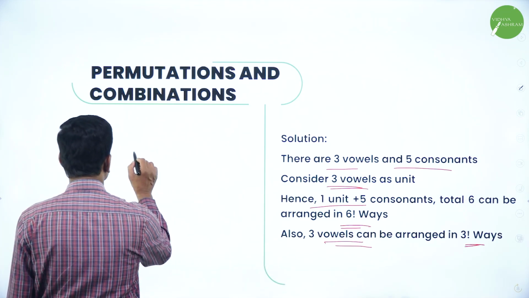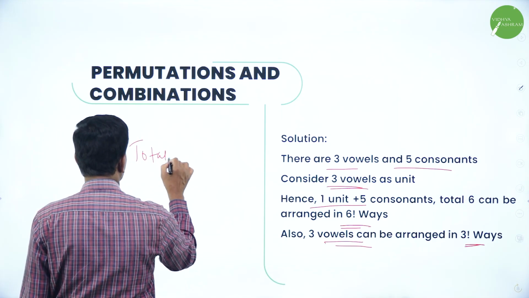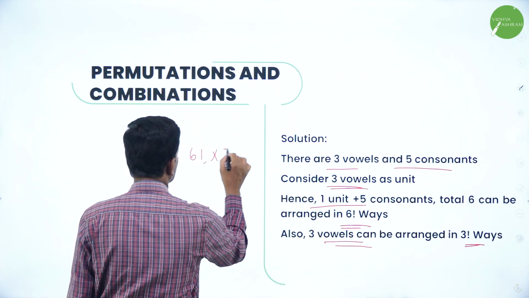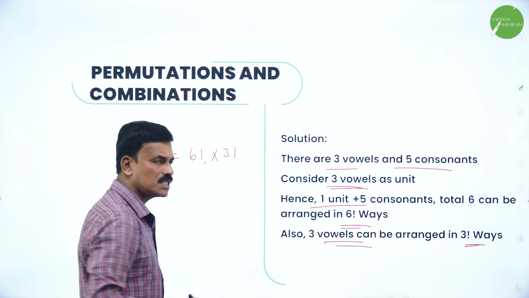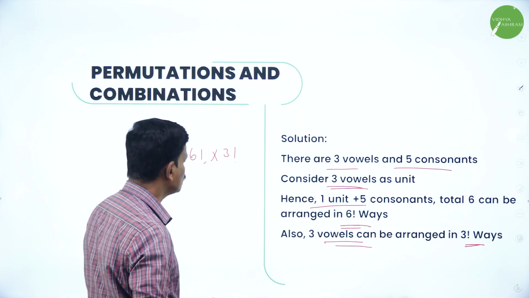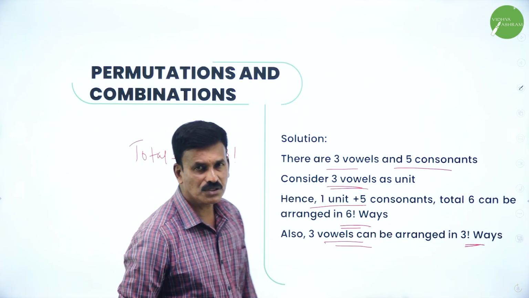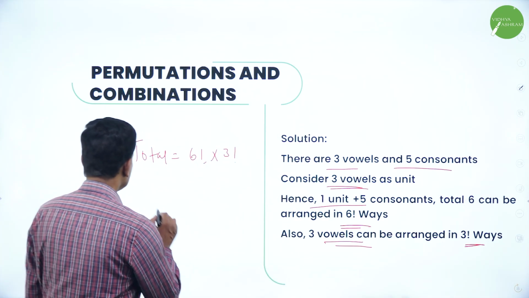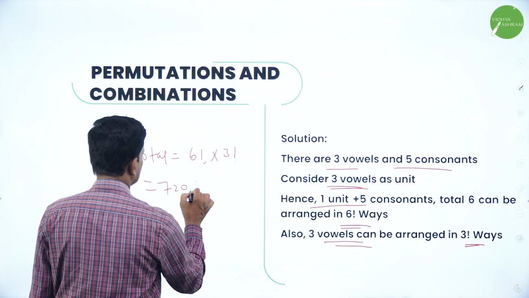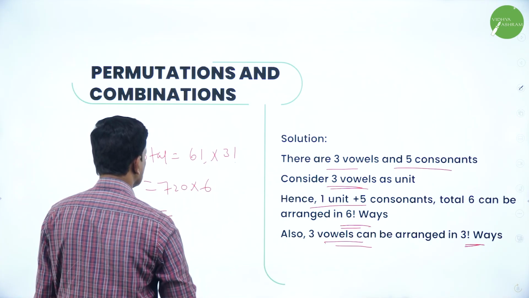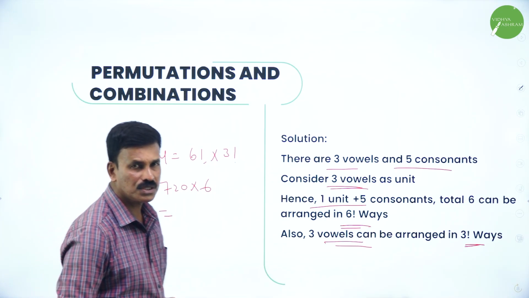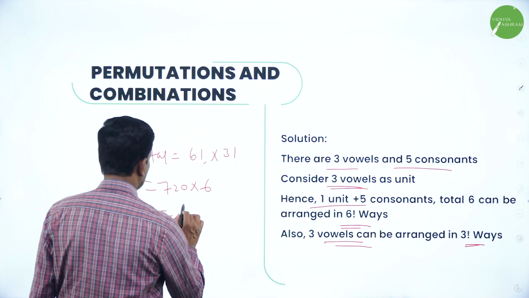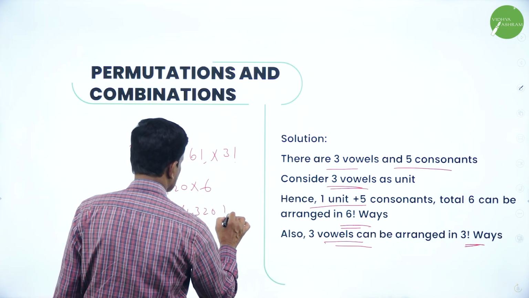Therefore the total number of arrangements is 6 factorial into 3 factorial. 6 factorial is 720, and 3 factorial is 3 into 2, which is 6. So 720 into 6 is equal to 4320 ways.